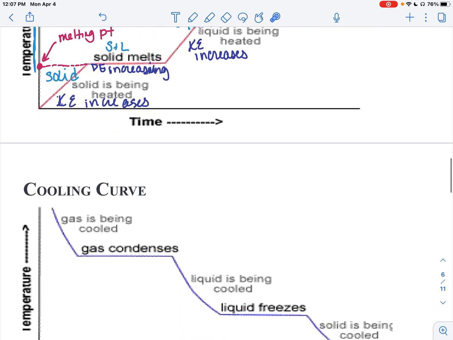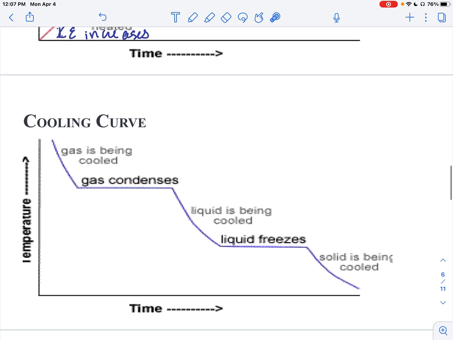Now, a cooling curve is the same thing, except it's getting colder. So it starts as a gas, then we have liquid in the middle, and then we have solid at the end. In between here, we have gas and liquid and solid.